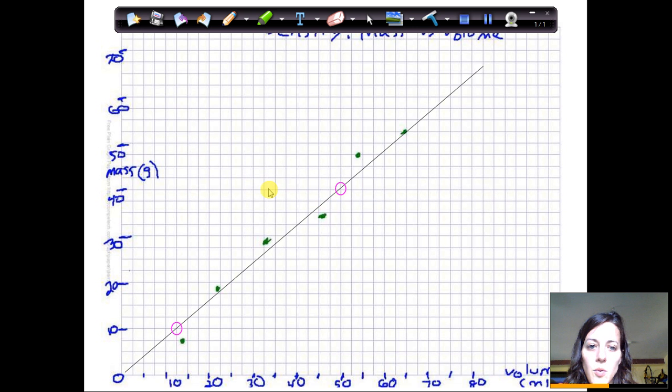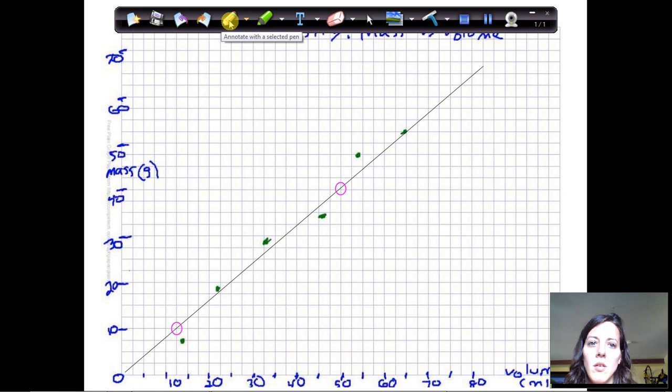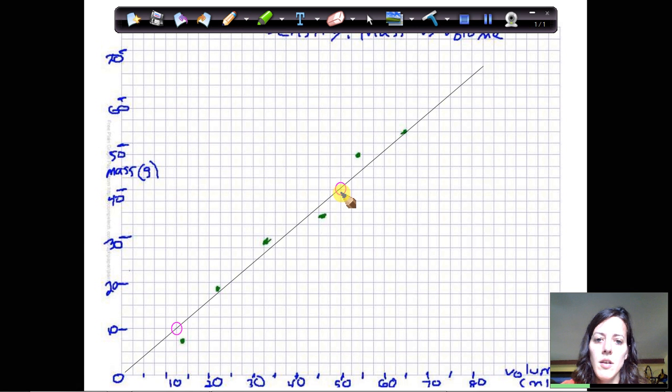So this point is 50 and the corresponding y point is 40.